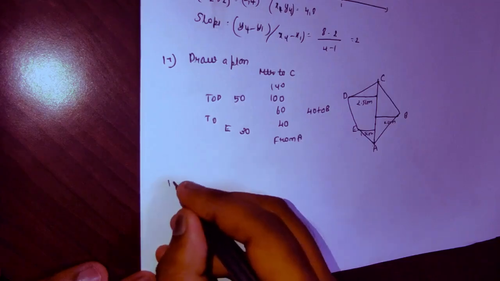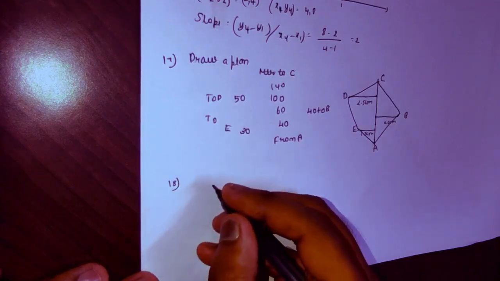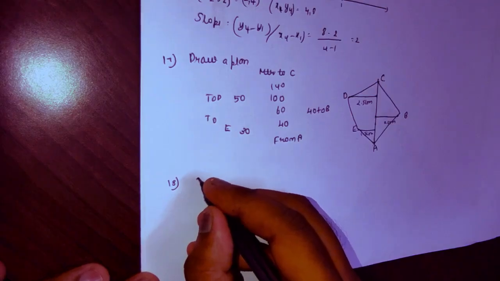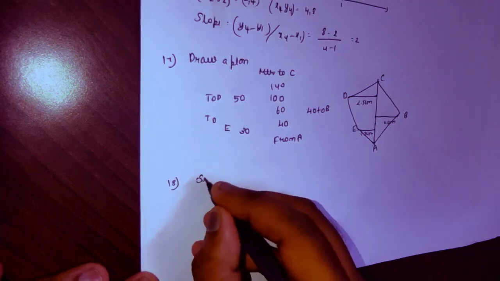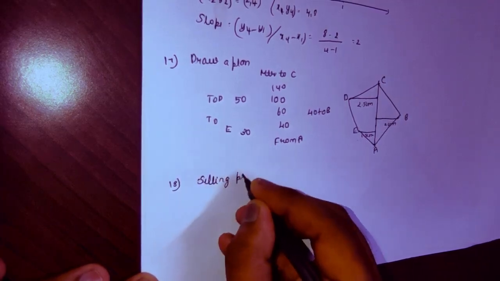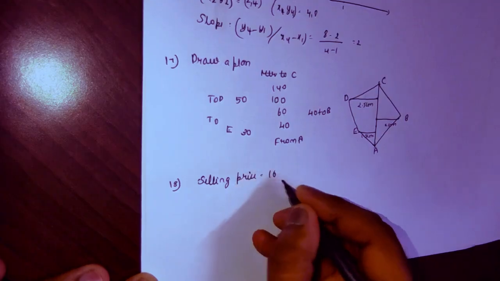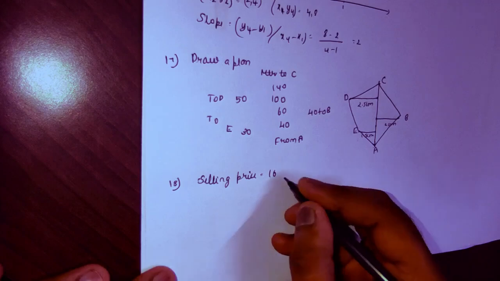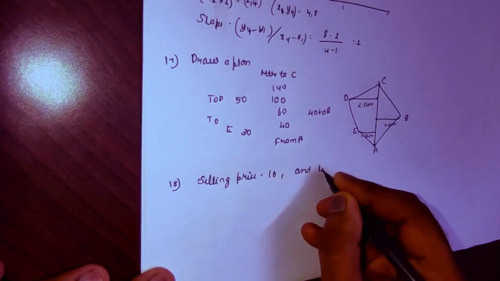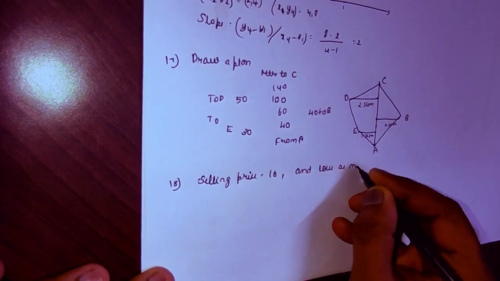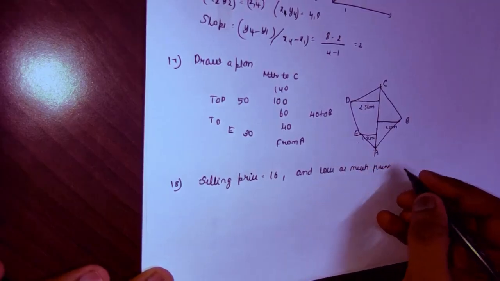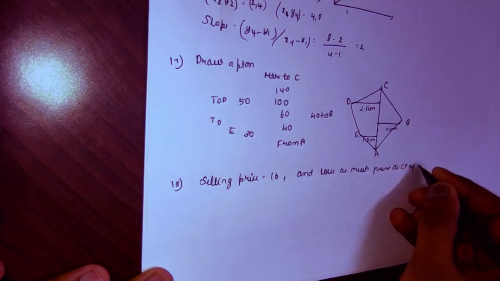We'll go into the 18th question. A dealer sells an article for rupees 16, and loses as much percent as the cost price of the article.